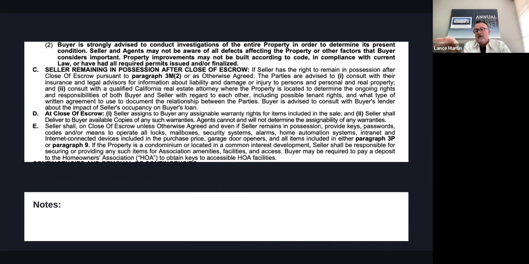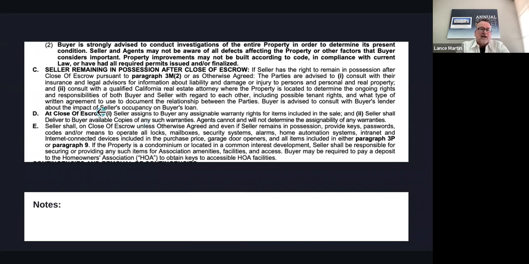Do they have a license to stay on the property, or is it short-term or long-term? How does that work? When you have a seller in possession, if you go back to page 1, I think near the bottom of page 1 on the RPA, it gives you those options. Is the seller going to stay in the property less than 29 days? Is the seller going to stay more than 30 days? Use form SIP, seller in possession, or use form RLAS.